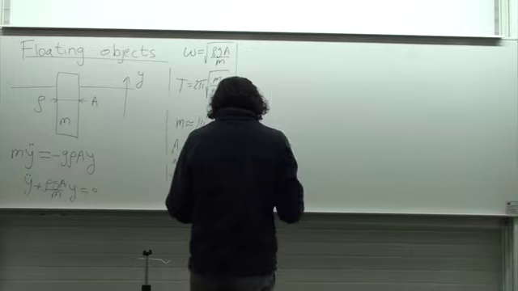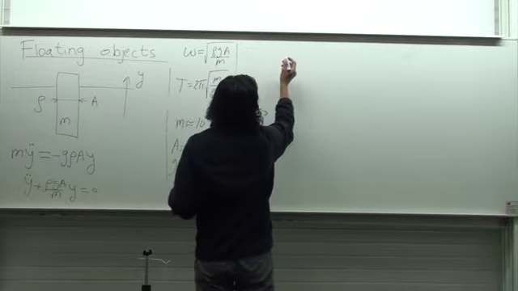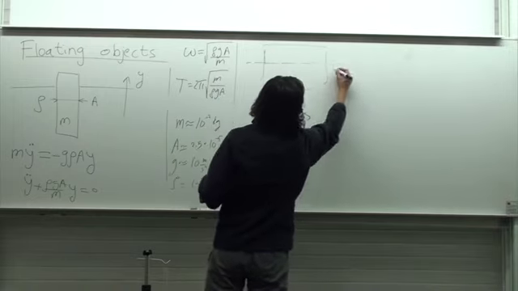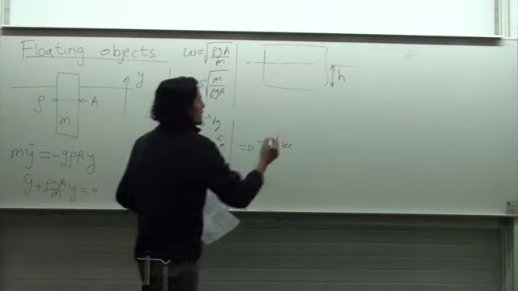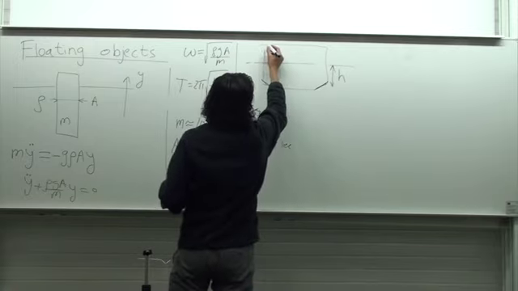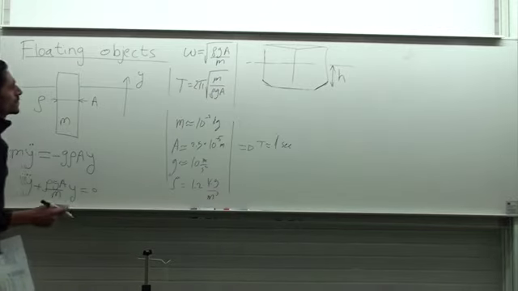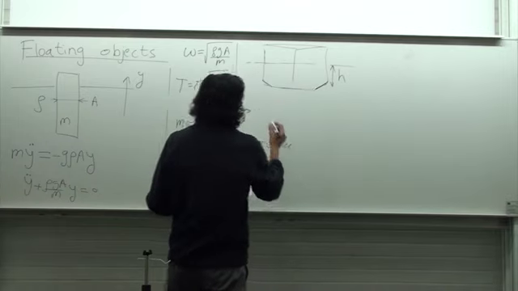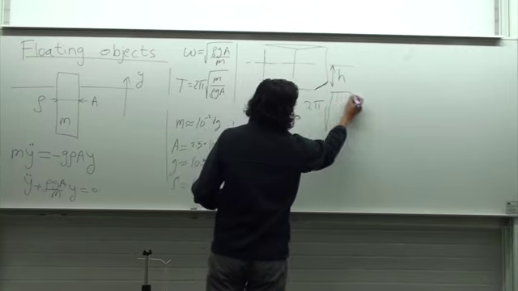So if you take a ship, this is the ship, and let's assume that this is what's in the water. Okay, this is the ship. The period, in this case, would be 2 pi times the square root of h over g.